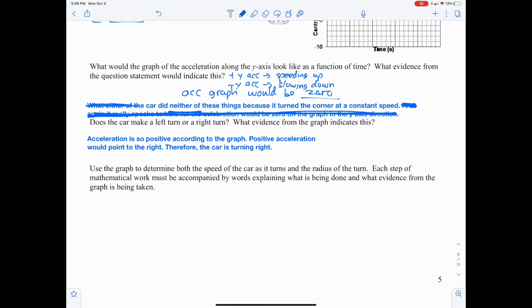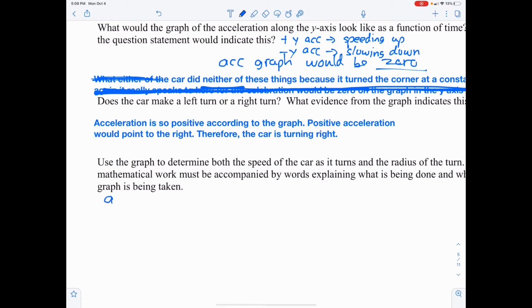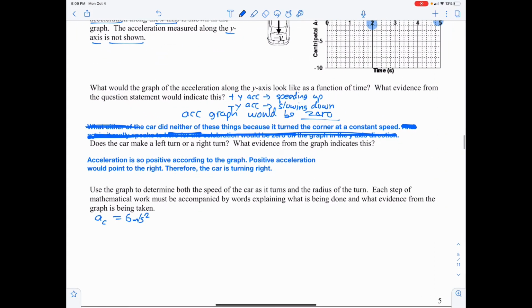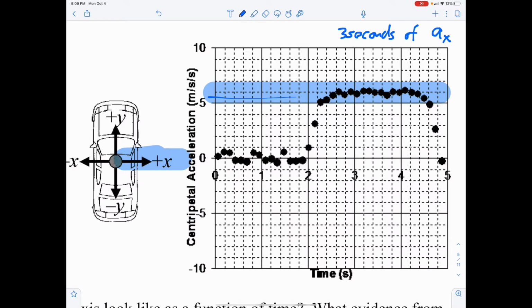Use the graph to determine both the speed of the car and the radius of the turn. Each step of mathematical work must be accompanied by words explaining what is done from each step to be taken. Okay, well, a sub c is equal to 6 meters per second squared. Now, how am I coming up with this number? If you go to the graph, you can see that the value of the acceleration is fairly constant, right about 6.